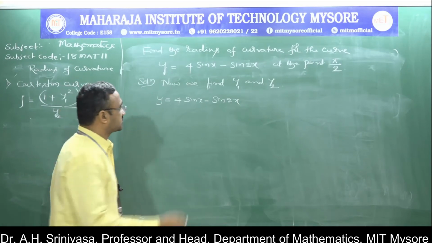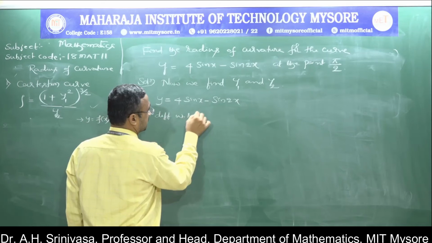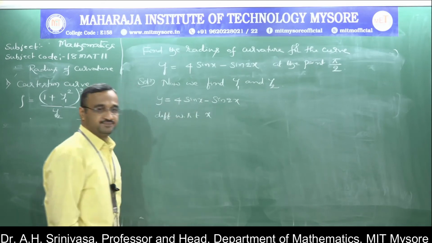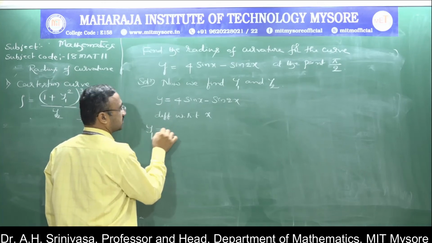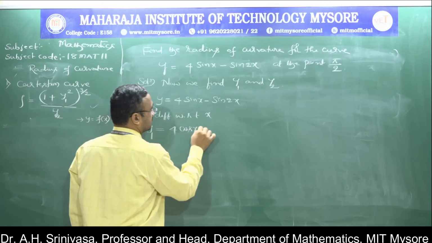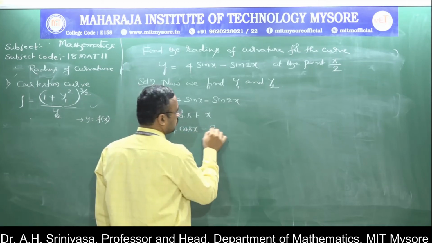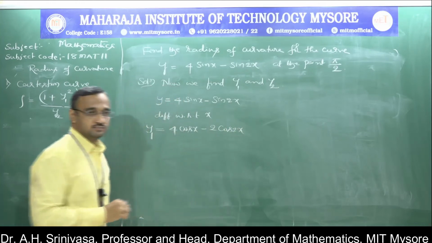Now differentiate this with respect to x. What do we get here? This becomes y1 equal to 4 times cos x minus 2 times cos 2x.